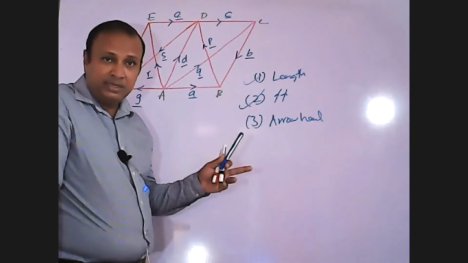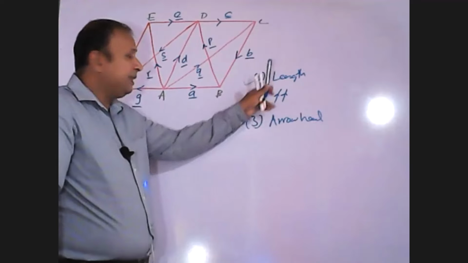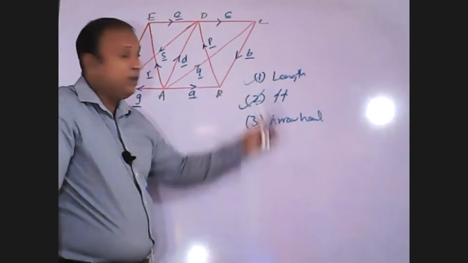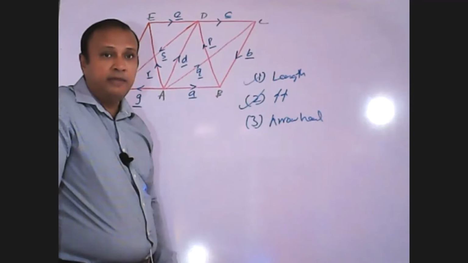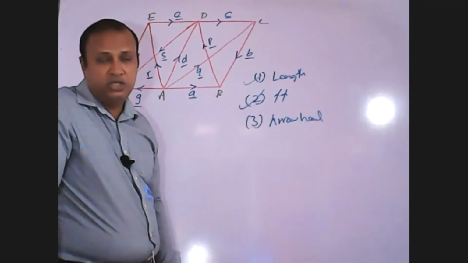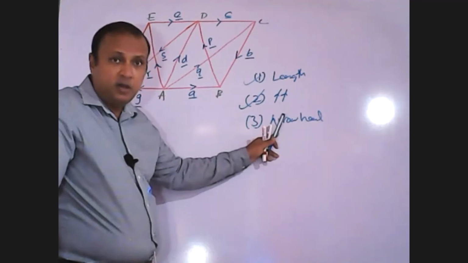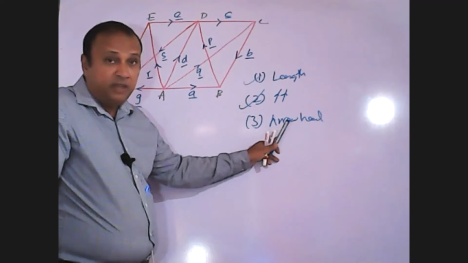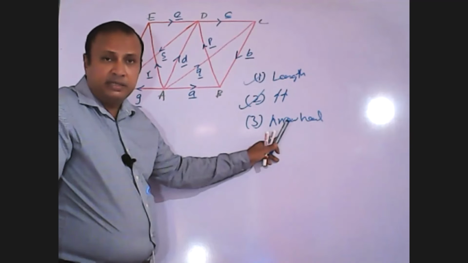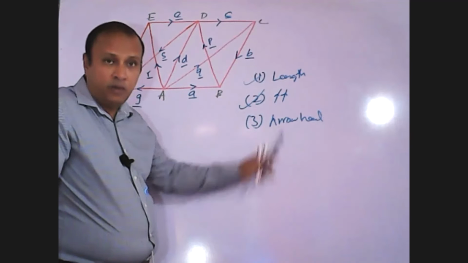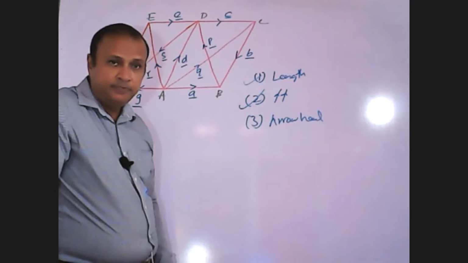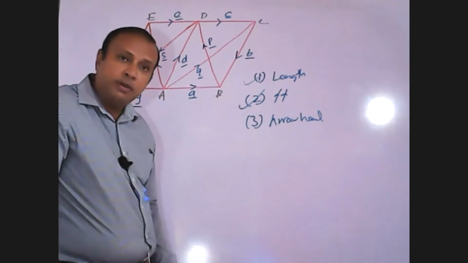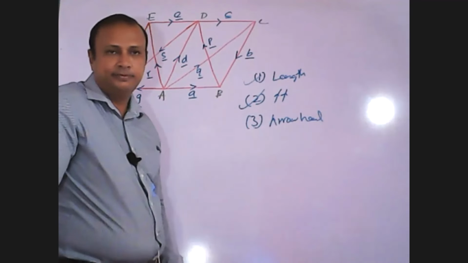Both negative vectors and equal vectors have the same length. Both line segments are parallel to each other. The only difference is the arrowhead. If they are equal vectors, the arrowhead directions are equal. If they are negative vectors, arrowhead directions are opposite to each other. That is the only thing.